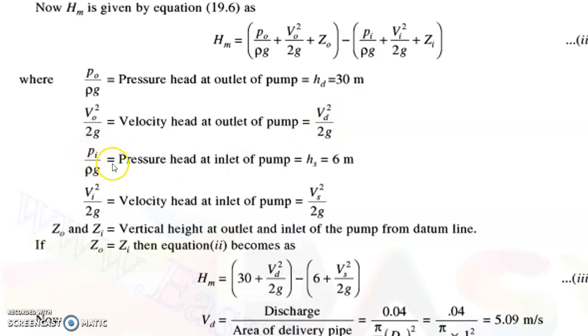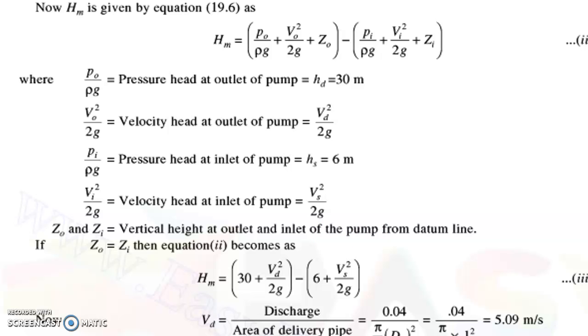At inlet the pressure head is given, inlet means suction is getting created, so that is basically suction head, and at outlet it is delivery head. So suction head is equal to 6 meters, and at inlet we can write the velocity head as Vs square by 2G. The vertical heights at outlet and inlet of the pump from the datum line are Zo and Zi.